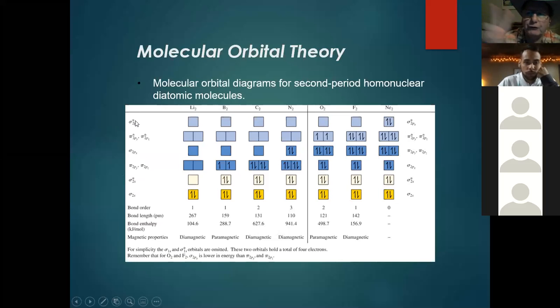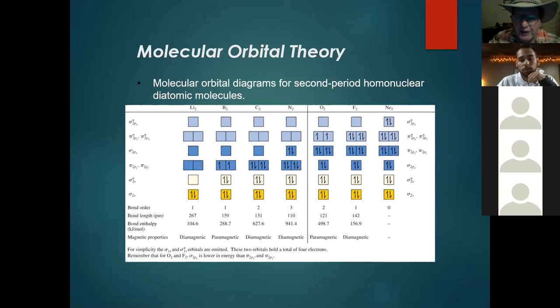We're only dealing with the second shell. You have to understand that the first shell does exist, but all that's going to consist of is a sigma 1s that's filled and a sigma antibonding 1s that's filled. So this is really where we're determining what's happening with things.